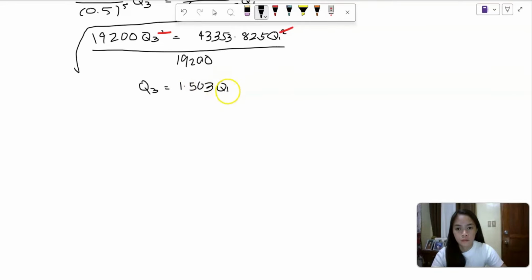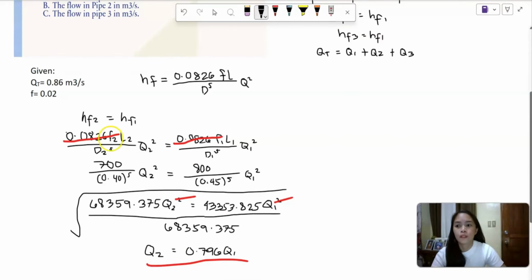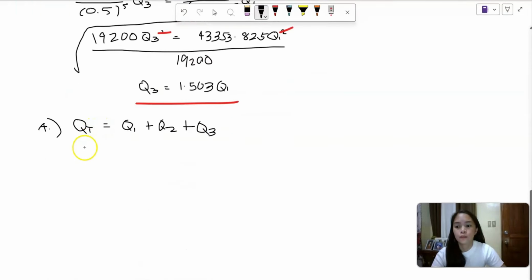So the first question is to get the flow in pipeline 1. To get that, we will use this equation, Q sub 1 plus Q sub 2 plus Q sub 3. We all know that the total flow is 0.86.